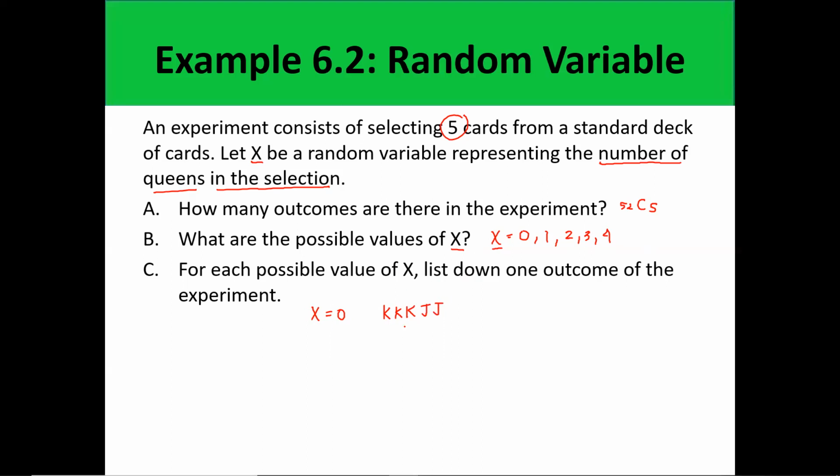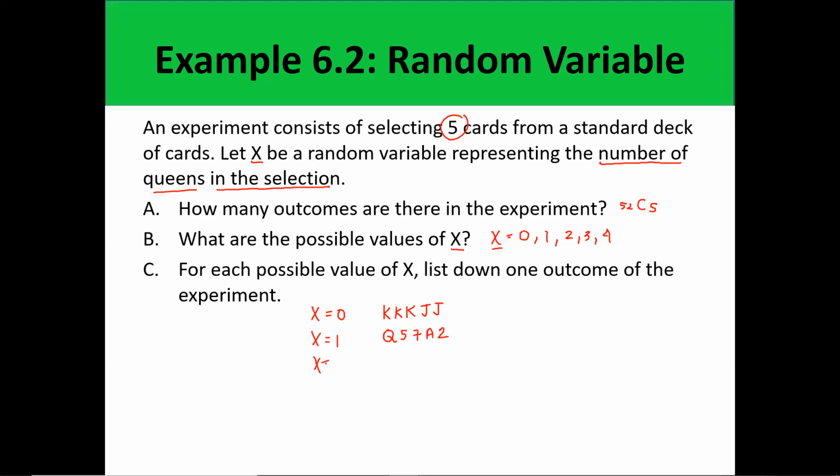This set of 5 cards doesn't have a queen in the selection. Now for x equals 1, there should be exactly 1 queen in the selection, which means it could be any queen card, and then the rest of the 4 cards would be non-queen cards. For example, it could be 5, 7, ace, and 2.